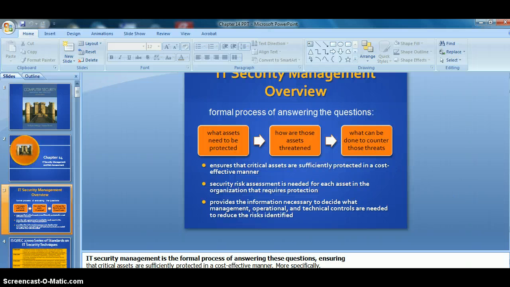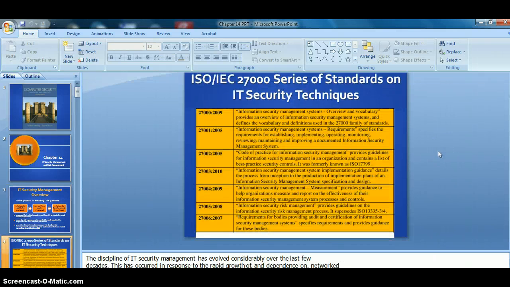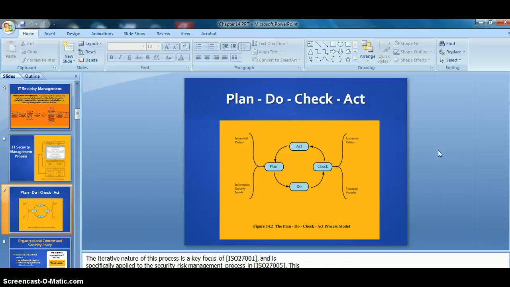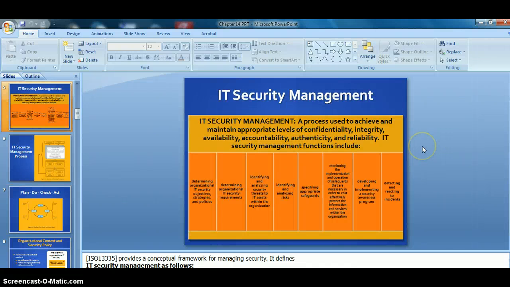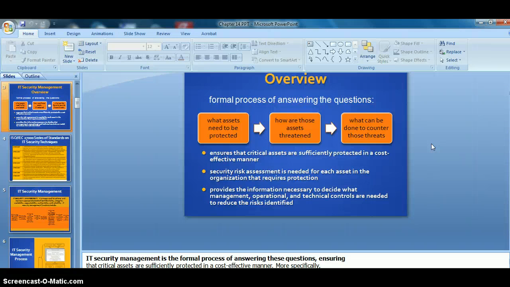Let's go here. When we go with security management, we will go through an outline for the material covered in this chapter, which is related to security management.